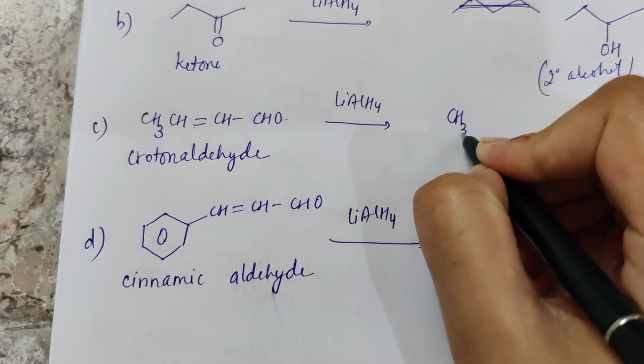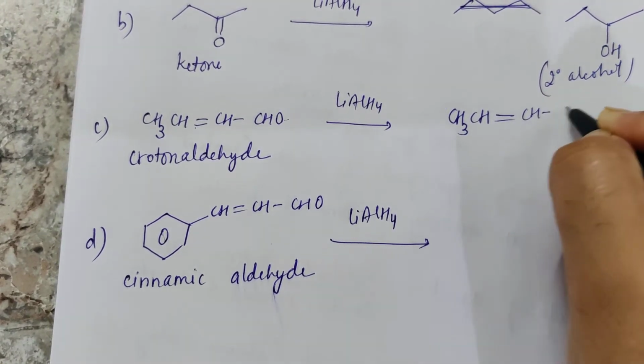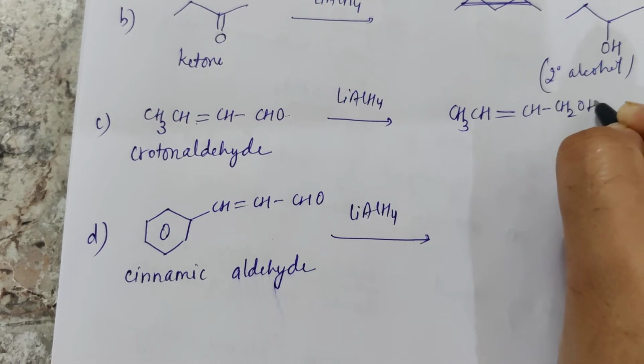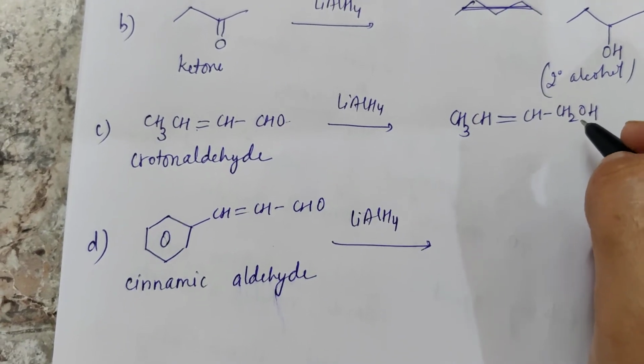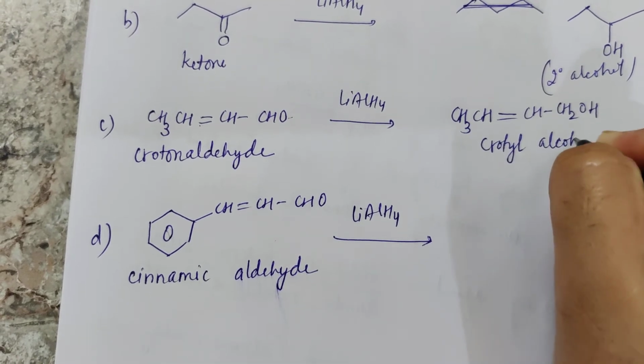So the product in this case will be CH3CH=CHCH2OH. This is crotyl alcohol.